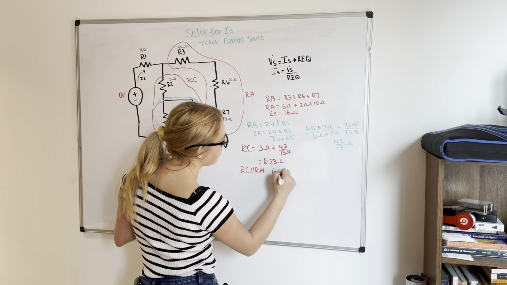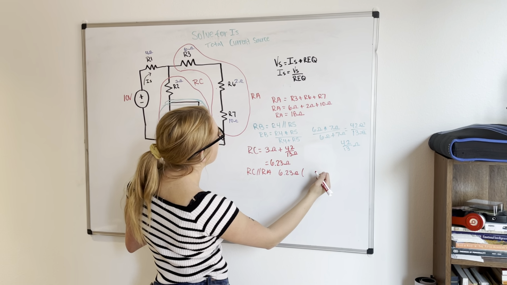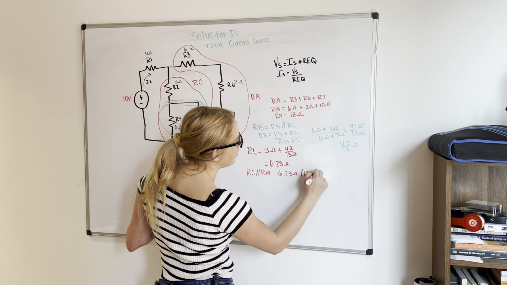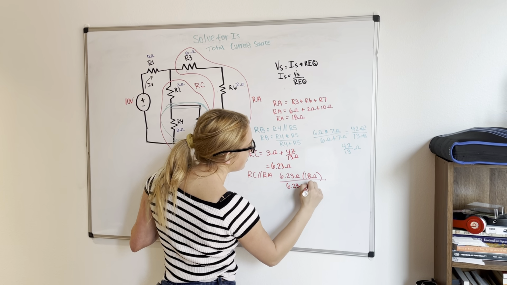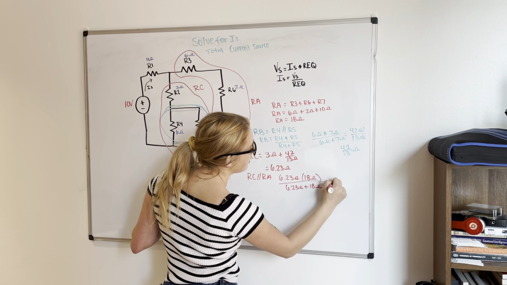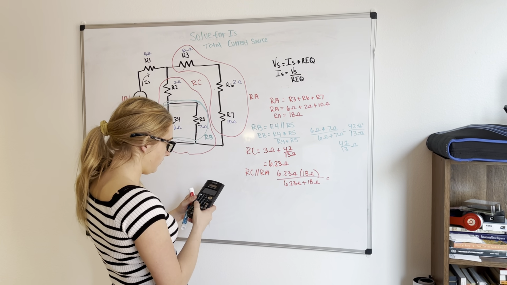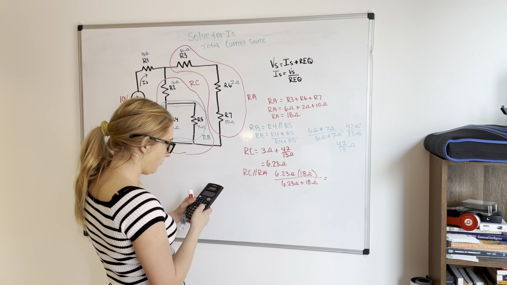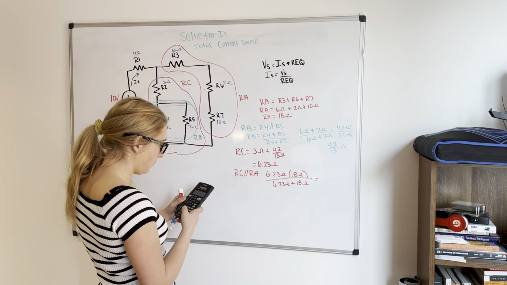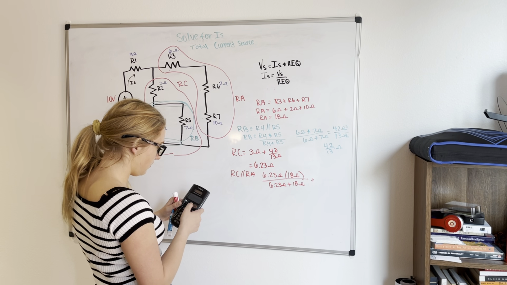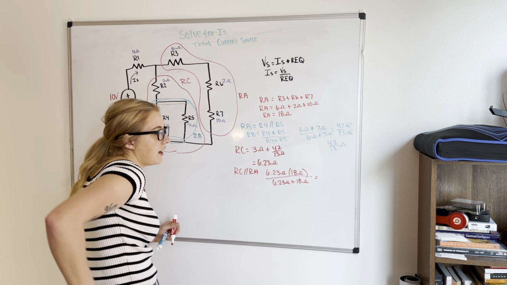So we have 6.23 ohms multiplied by RA, which is 18 ohms, divided by 6.23 ohms plus 18 ohms is going to be equal to 4.628 ohms.